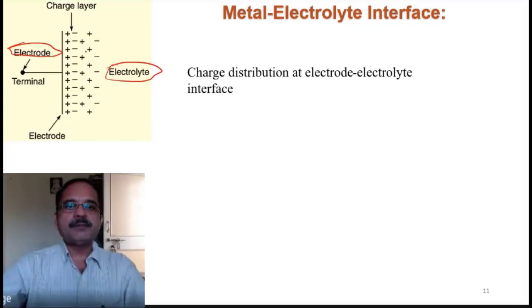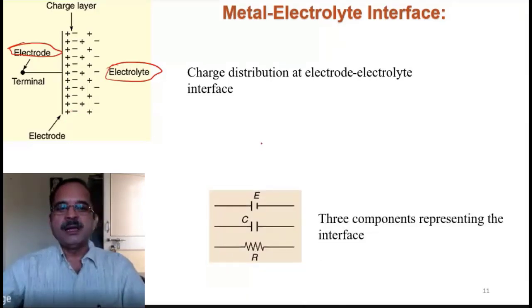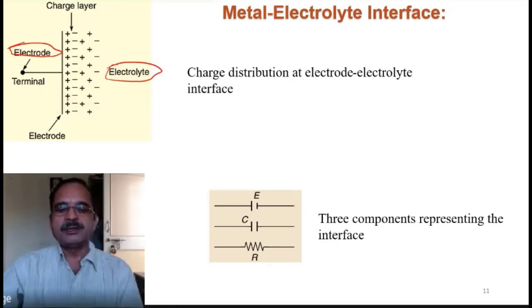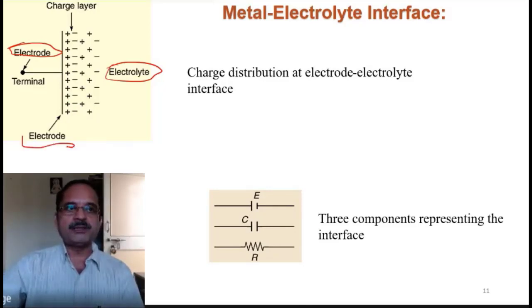It produces a charge distribution as shown in this diagram: a positive charge layer and a negative charge layer, and it will give rise to some capacitance. On one side there is a positive charge, on the other side a negative charge, and there is a conductor, so it behaves like a capacitor. That's why the equivalent circuit for this metal electrode interface can be represented in terms of some capacitance.